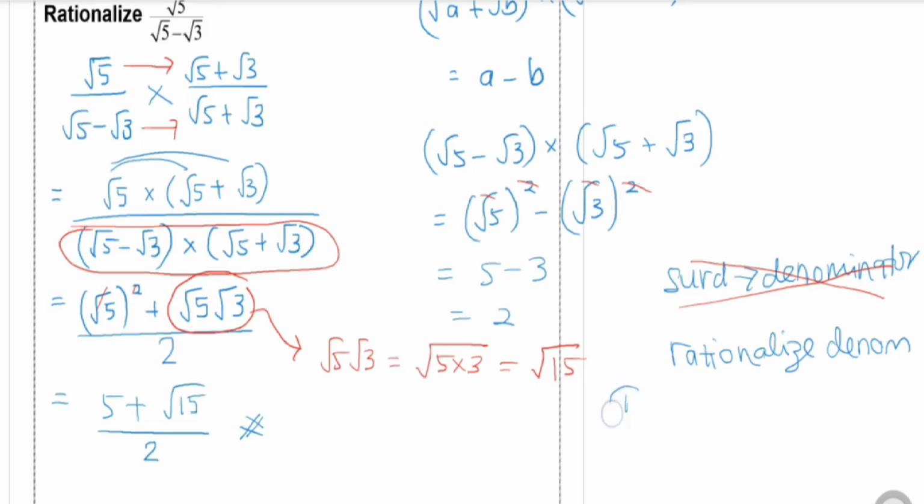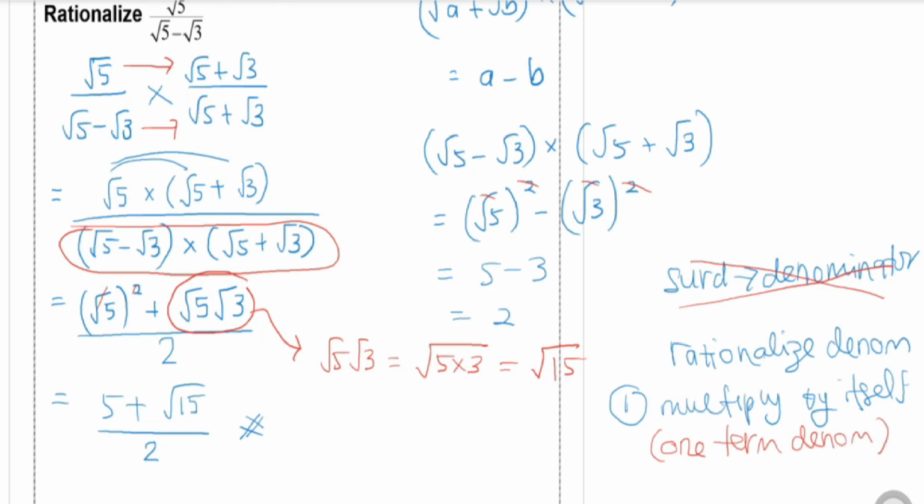First is to multiply the fraction with the number in the denominator, or multiply by itself. This only happens if we have only one term in the denominator.